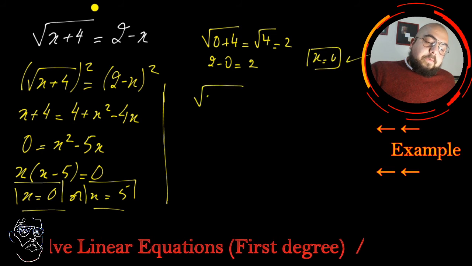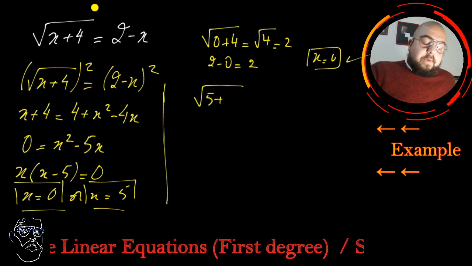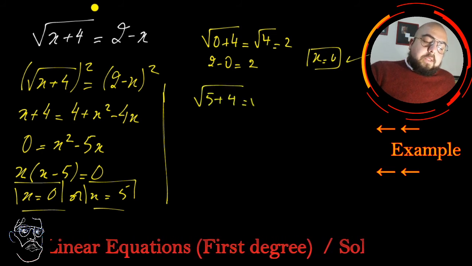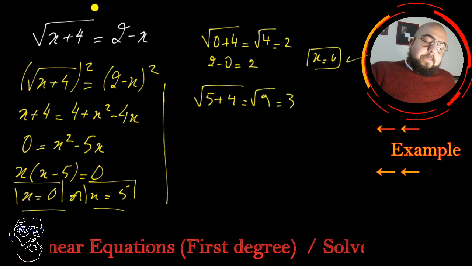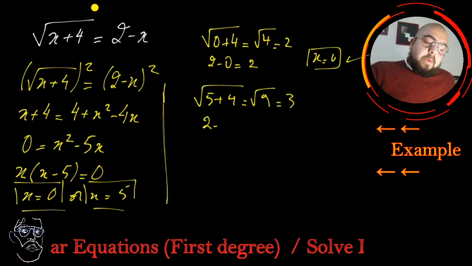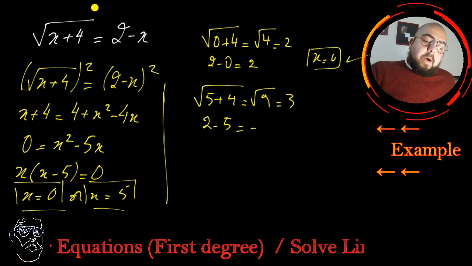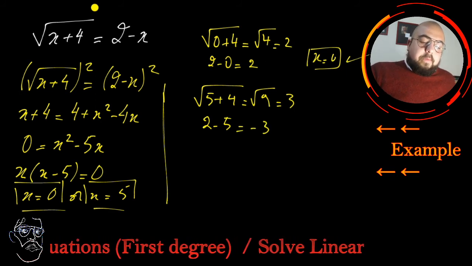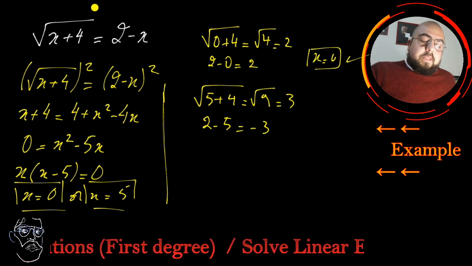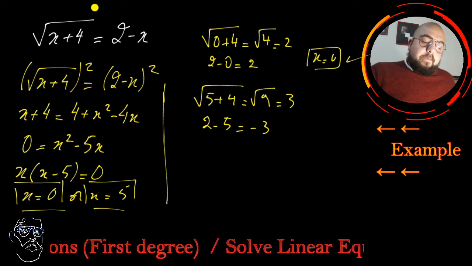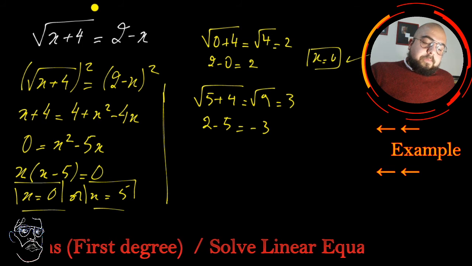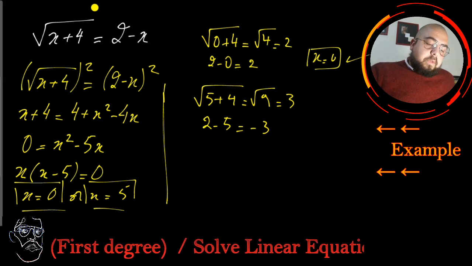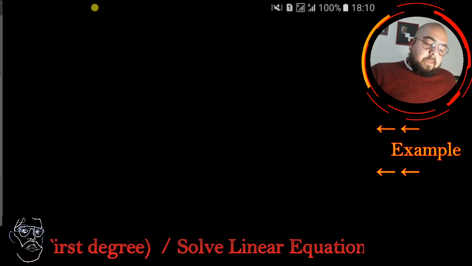The square root of 5 plus 4 is the square root of 9, which is 3. And what about 2 minus 5 is actually minus 3. So x is equal to 5, you can say it's not an acceptable value. All right. What about one last example?